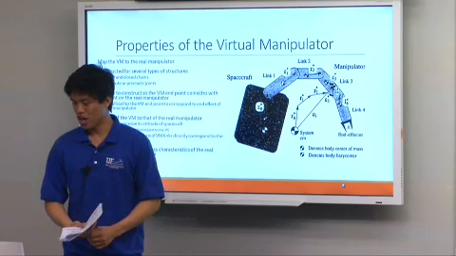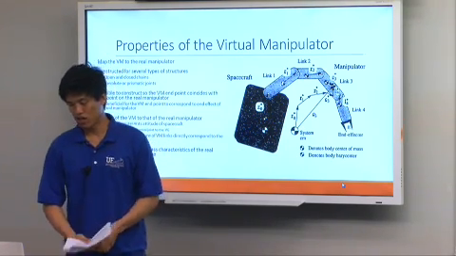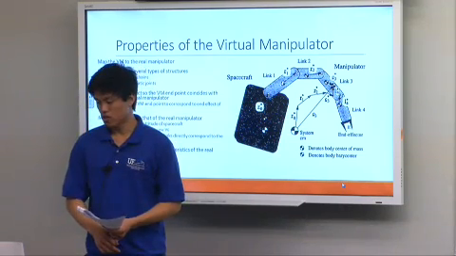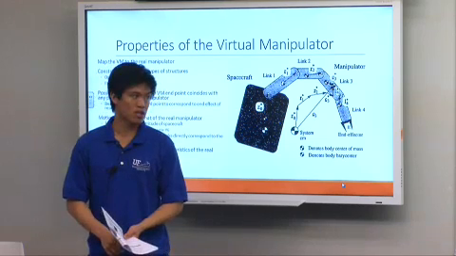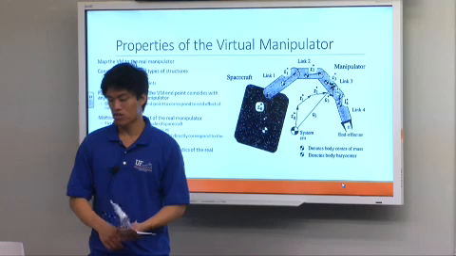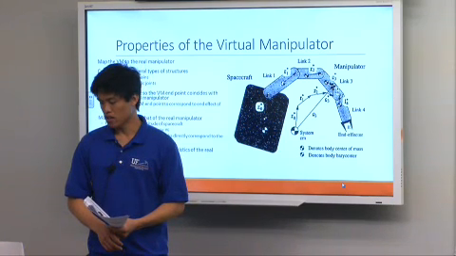And the virtual manipulator, we can construct it so that the endpoint coincides with any point on the real manipulator. For us, we would be interested in the motion of the end effector of the real manipulator, so that's where we would want to construct it to.